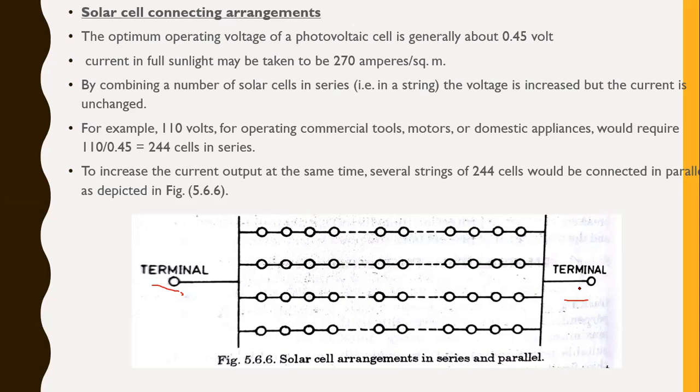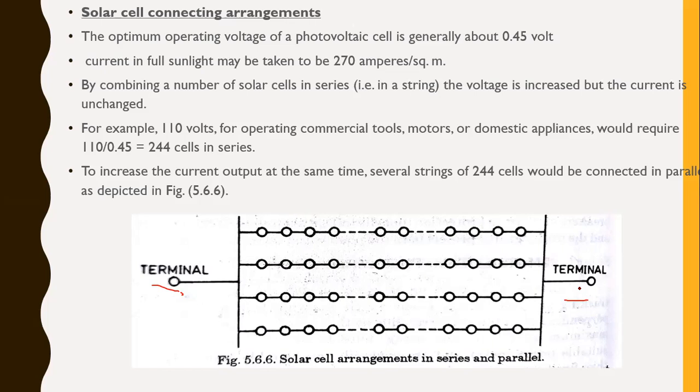Okay. So the optimum operating voltage of a photovoltaic cell is about 0.45 volts. This is at normal temperatures only. At 0.45 volts the current will be equal to 270 amperes per square meter.